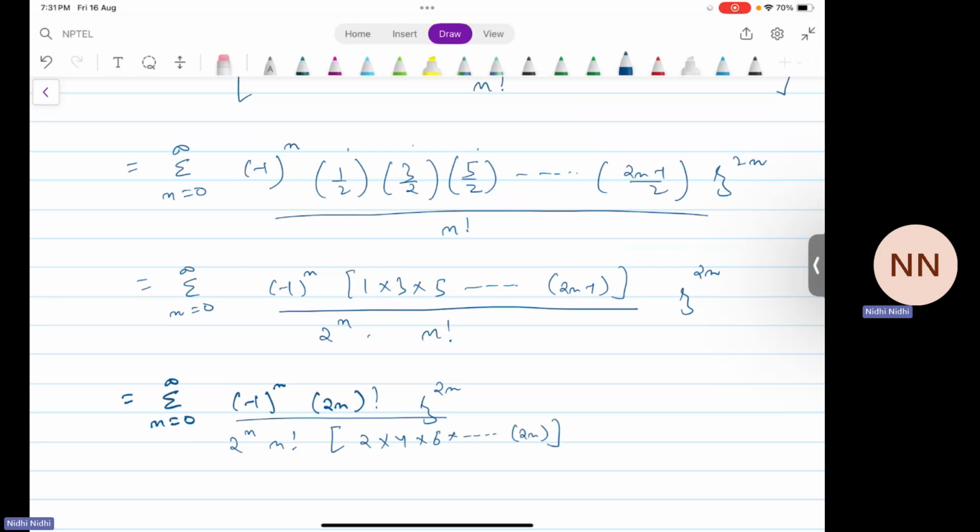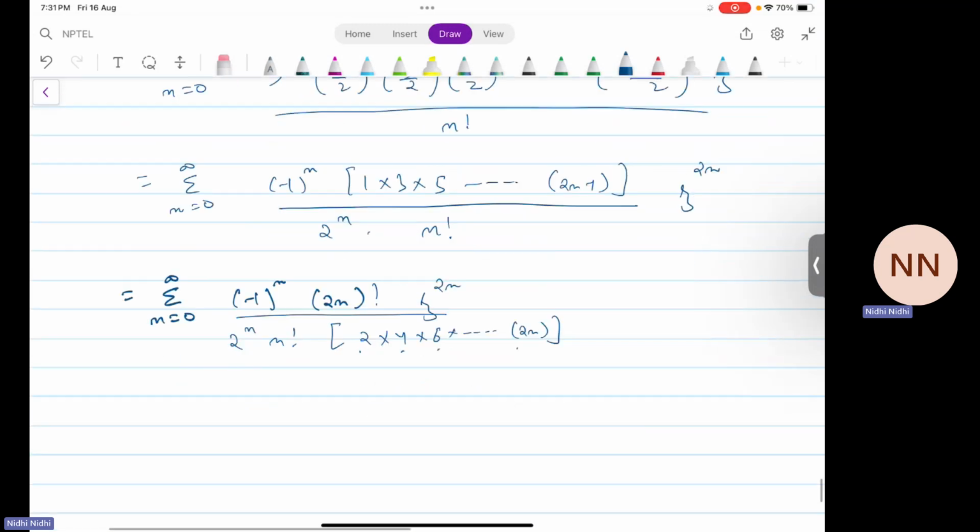So again I'll take 2 common from all these terms, taking out 2 to the power n, which gives us summation n from 0 to infinity minus 1 to the power n 2n factorial z to the power 2n by 2 to the power n and again 2 to the power n, so 2 to the power 2n n factorial and again n factorial square.